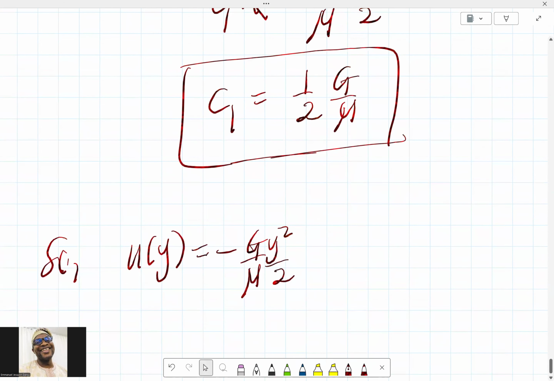Now c1 is half g over mu, so that is plus 1 over 2 g over mu y.